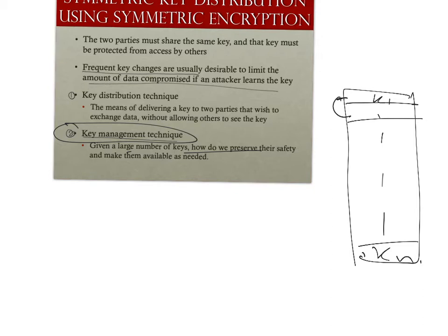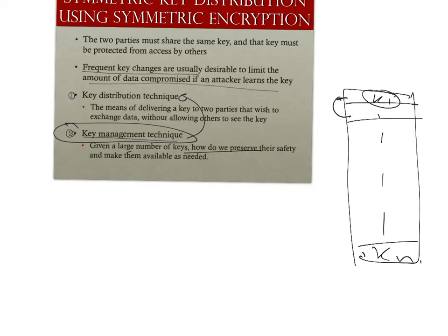Okay? Once we trigger the fact that this key should be sent to two parties, now we kick off the distribution technique to distribute that key to these two parties, to use it for secure communication.